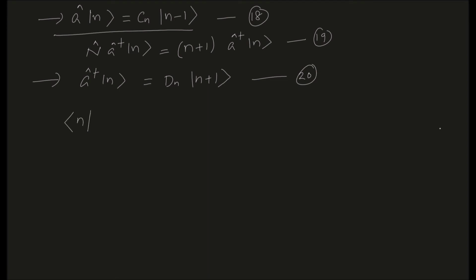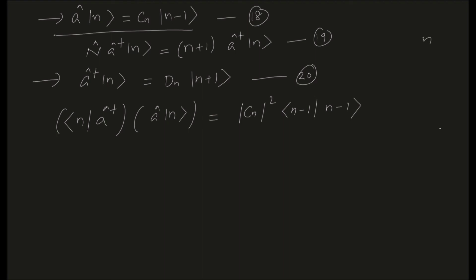So this will give <n|, then the complex conjugate of a will give you a dagger, multiplied by a|n>, and on the right-hand side modulus c_n squared, because c_n into c_n star, the complex conjugate, will give you modulus c_n squared, then <n minus 1|n minus 1>.